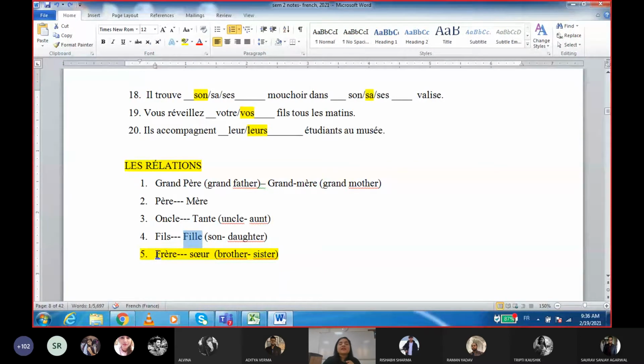Fifth one and the last one in the relations is frère. Very, very important. That is why I've highlighted it in yellow. It's important because 10 times they have asked in the paper, give me the translation of frère or sœur. Frère means brother.